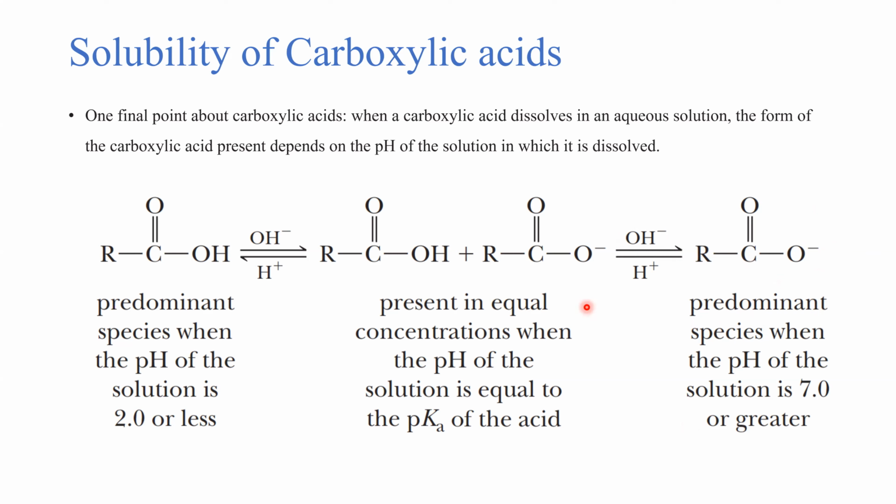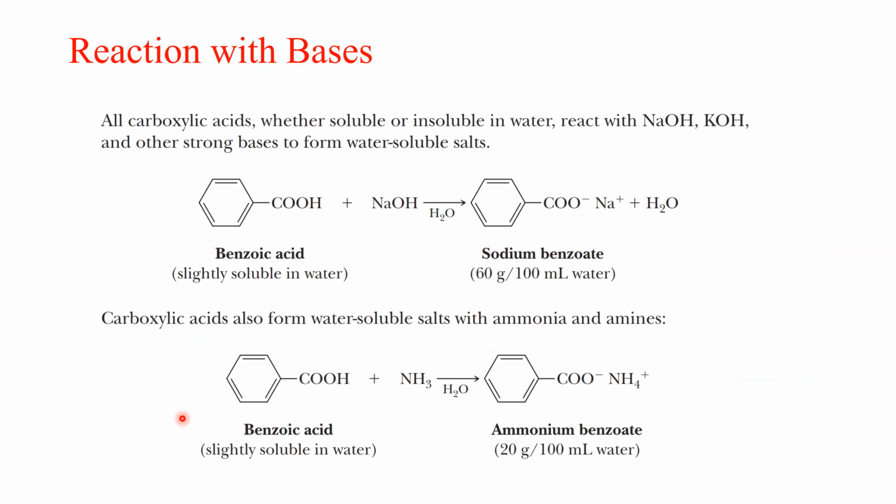This is not the case that it is 100% in that form, but the larger amount is this one, because that is the predominant form. So the reaction will proceed in the direction that is favored for the pH condition of that solution.